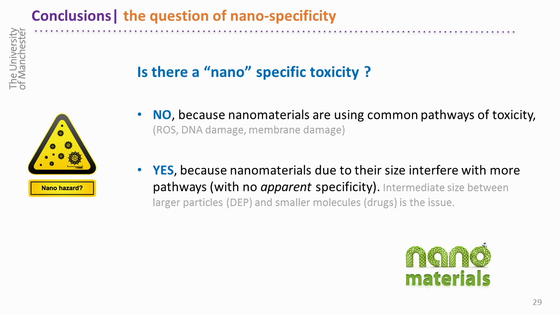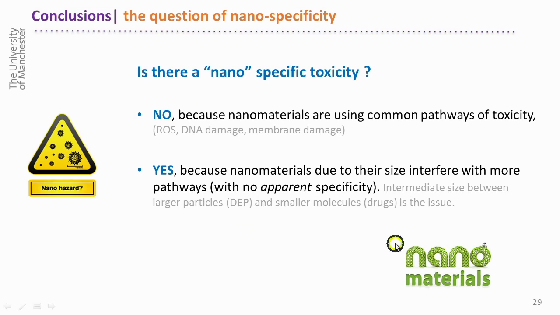So this is a fairly more complicated problem than we had to deal with before. The nano-specificity related to toxicity is basically the complexity of the mechanism, the different pathways it can take and what it can do.